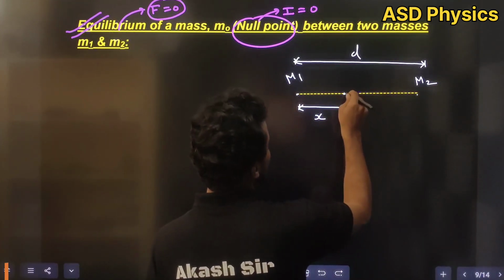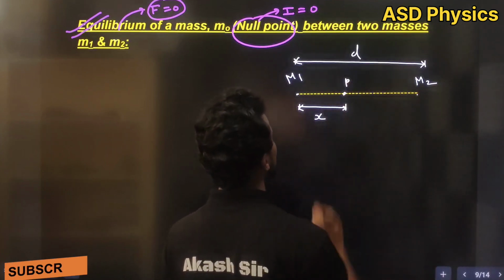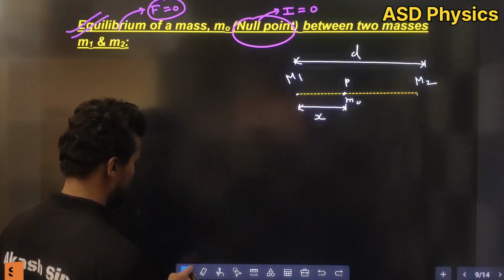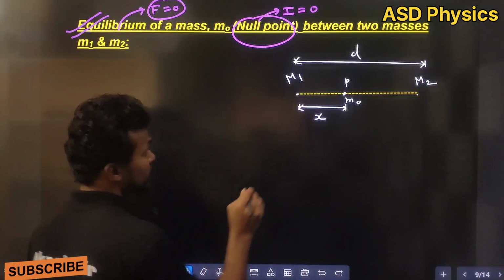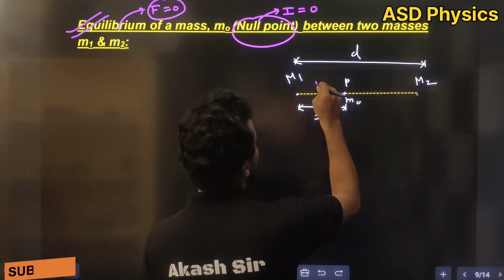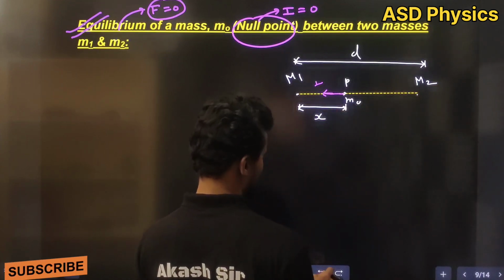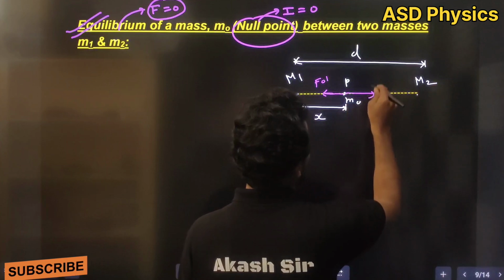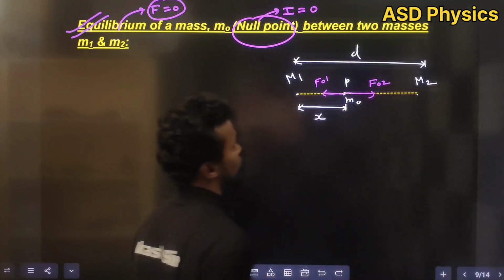Force is 0 means what can we tell? GFI is 0 here. Even you can keep mass m0 also, no problem. Here the force is attractive, so see here please, this is F01, and here also there is F02. Is it?